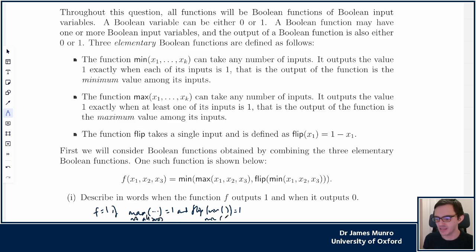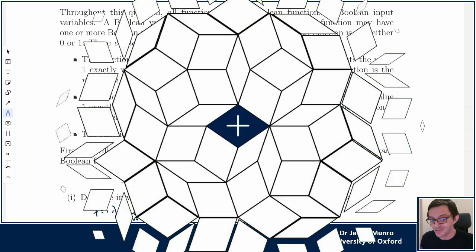I need the min to be 0. So that means not all 1s. Okay. So, in words, the function returns 1 if at least one of the inputs is a 0 and at least one of the inputs is a 1, and it returns 0 otherwise. Or said differently, if the inputs don't all match, it returns 1. Maybe even more neatly, if the inputs all match, it returns 0, otherwise 1.